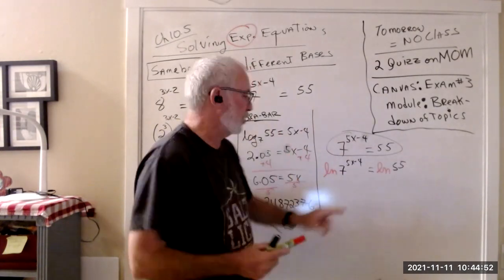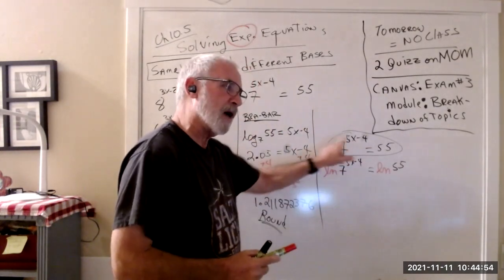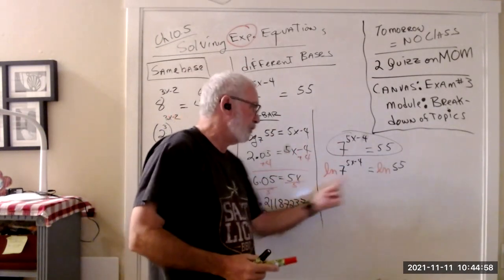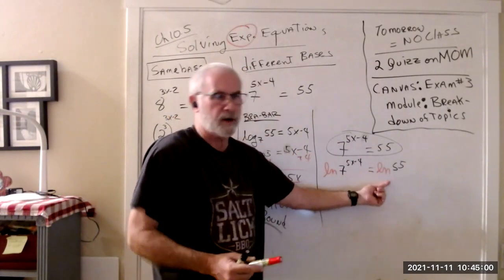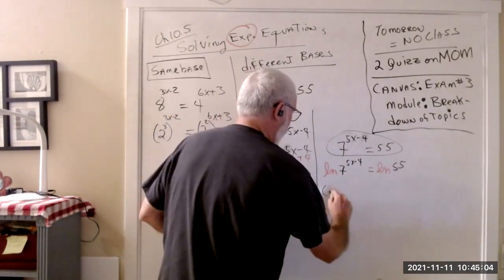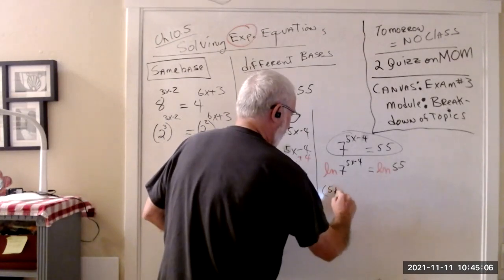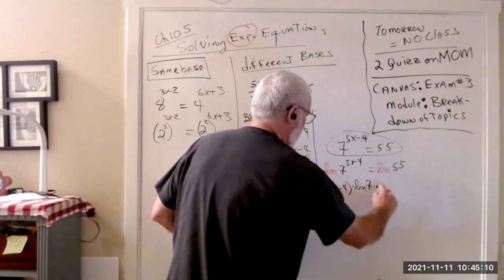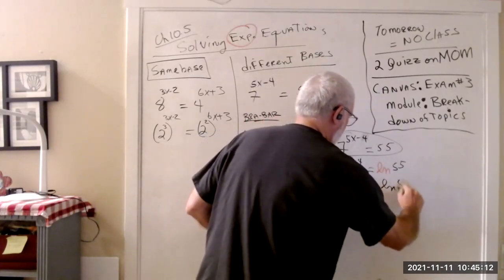In particular, you're allowed to take the power out front, but you can't do that until you put a log or an ln there. So your next step is take the power out front: 5x minus 4 times the ln of 7 equals the ln of 55.